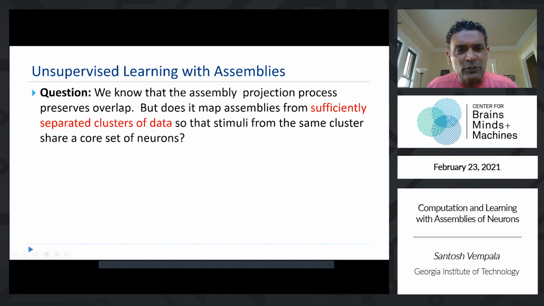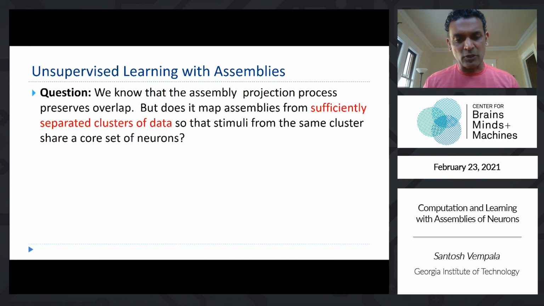Okay, so we know that the assembly projection process preserves overlap. We can prove it in this model. But here's a question. Suppose instead of talking about single inputs, I talk about a cluster of data, a set of possible inputs which are close to each other, another set of possible inputs, right? What I'd like to know is, does this process create for you an assembly, one per cluster?